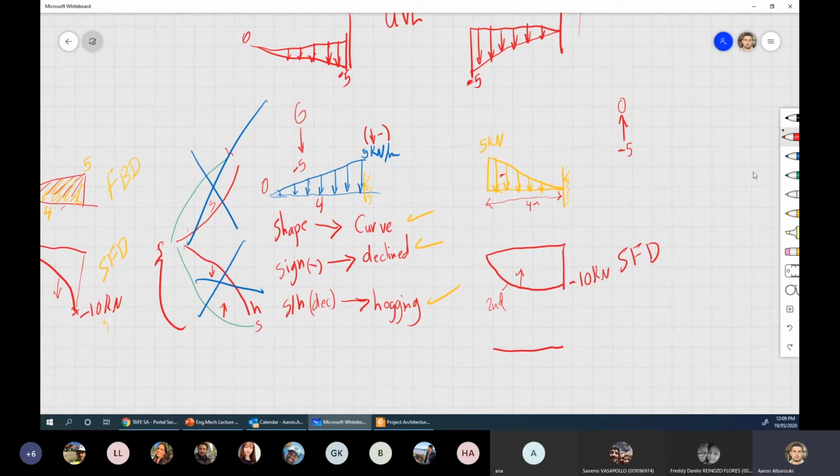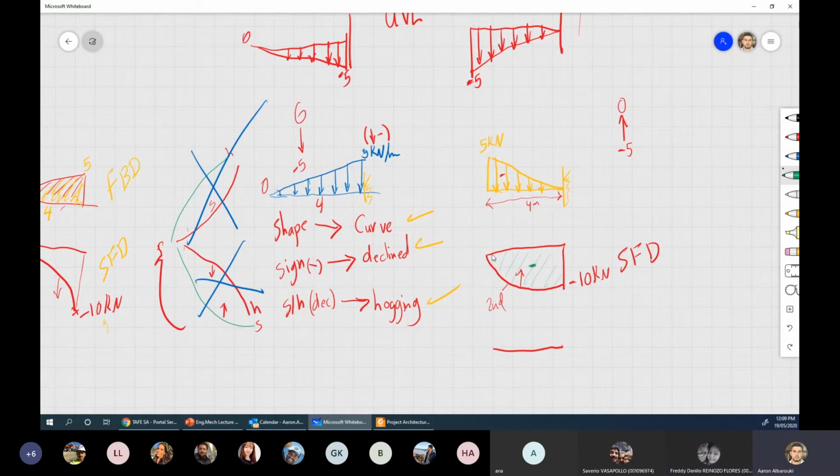Is the sign here positive or negative, Freddie? What do you mean positive or negative? The 5 kilonewtons going to 0, that is positive. No, I'm talking about the shear force diagram. This area here, is it positive or negative? I will say that is positive. It's negative. Why would you say it's positive?